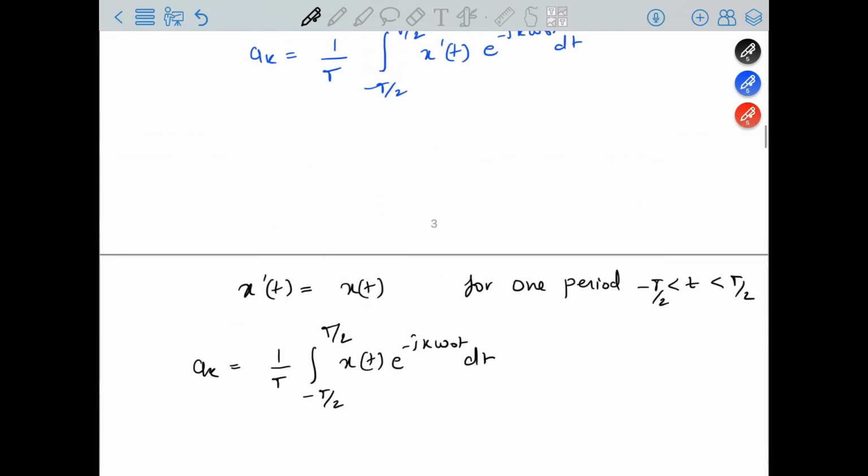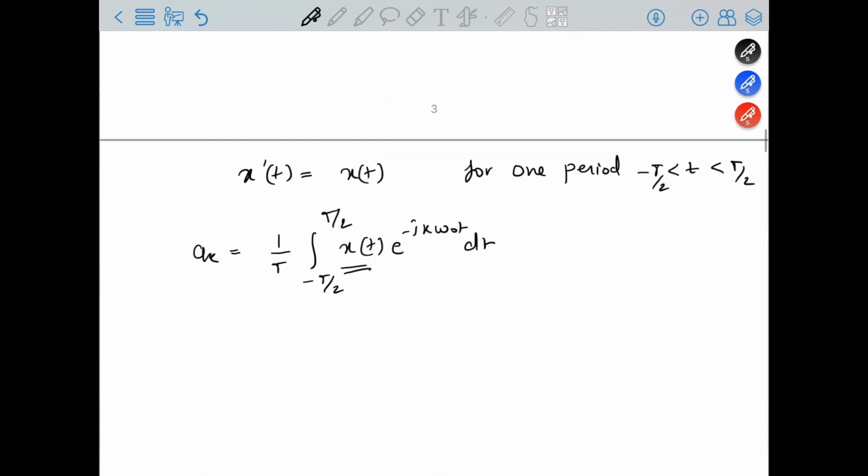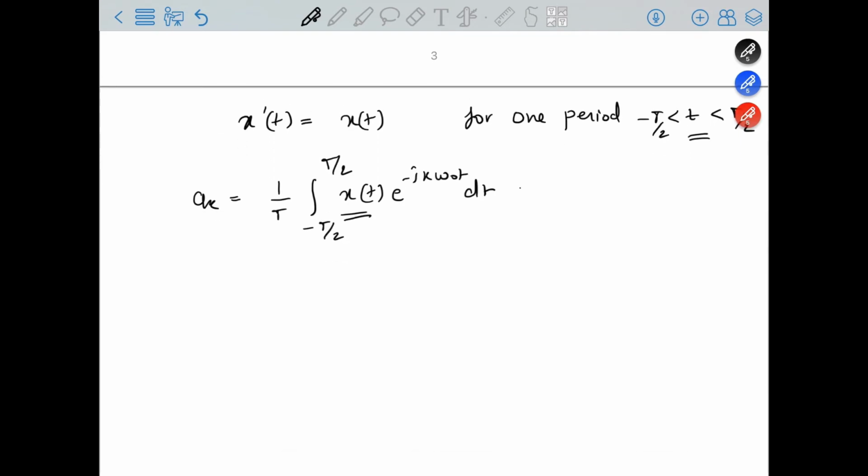So, from this expression, x' is now replaced with x(t), because this is taken for a period of minus T by 2 to T by 2, and this can be represented as 1 by T, integral from minus infinity to infinity of x(t) e^(minus j k omega naught t) dt, because we have increased T to a very large value, so that it became an aperiodic signal.